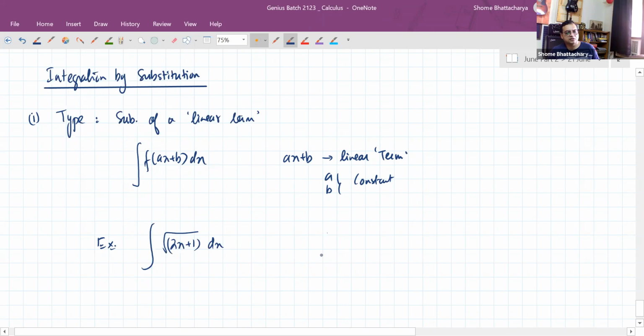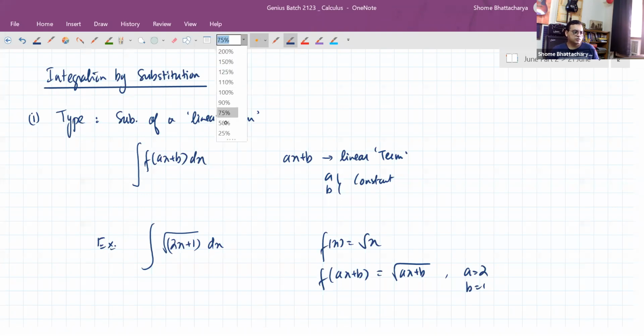So we can see that the function is square root of x, but here we are taking a equal to 2 and b equal to 1. So this type of integration. Let's see how we do this.